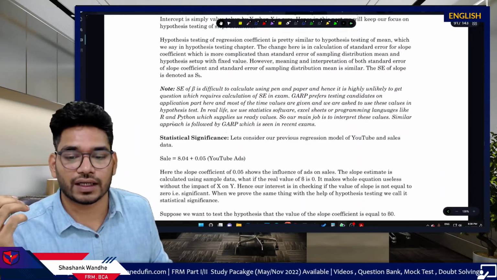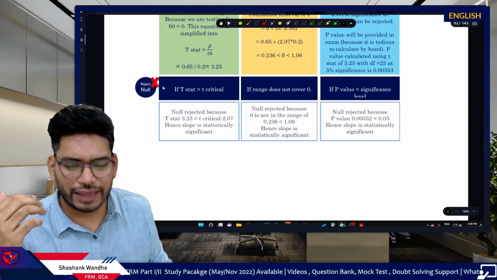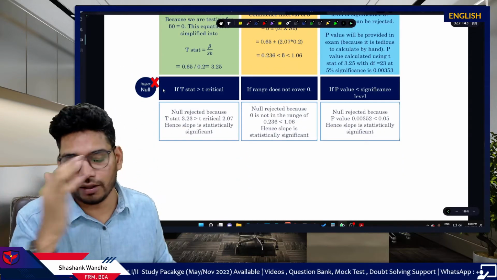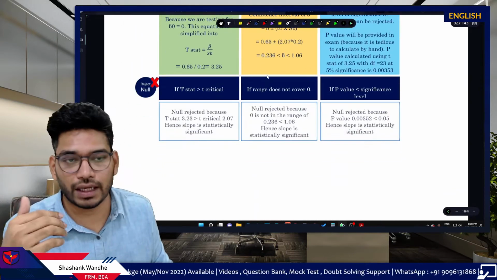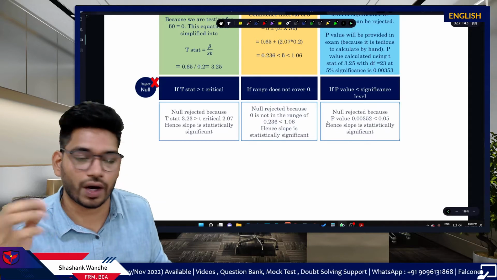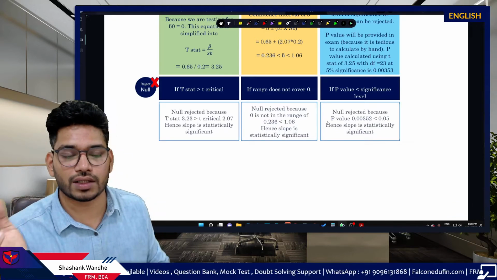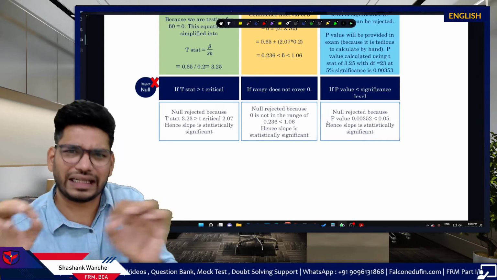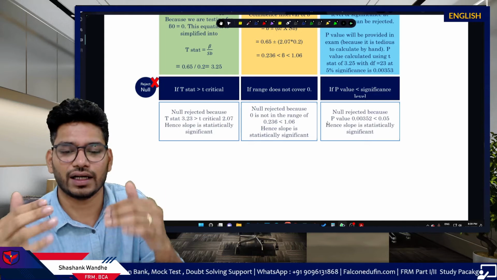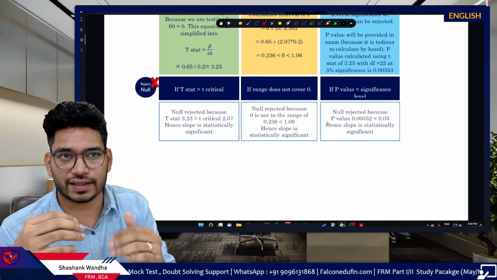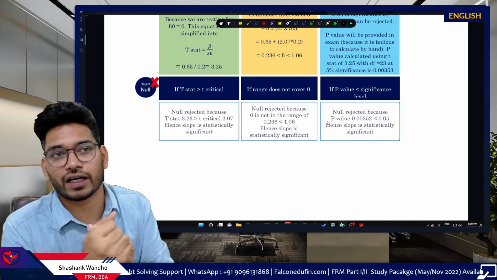Then hypothesis testing. Again, you have to understand what is the hypothesis testing, how it works. In the regression chapter, we are mainly concerned with all these rules. You have to understand it, but our main focus will be on the rules. GARP might ask you any numerical question where complete data will be provided to you, and you have to simply tell whether the coefficients are statistically significant or not, say whether B1 is statistically significant or not.